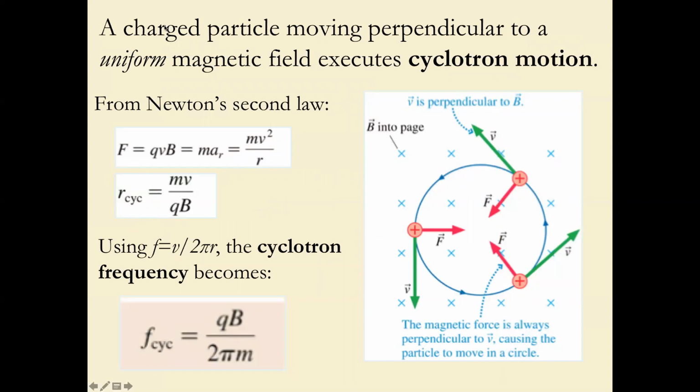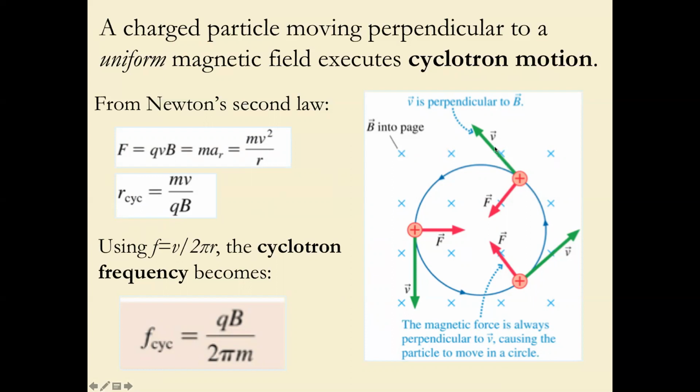And in this slide, we see a cyclotron motion, which means that a charged particle moving perpendicular to a uniform magnetic field executes a cyclotron motion. So here the existing magnetic field is into the page, right?